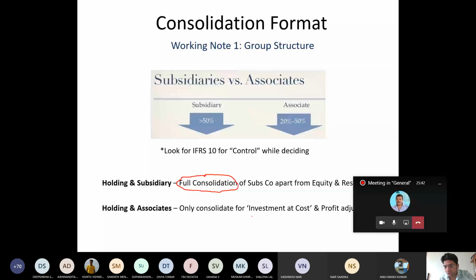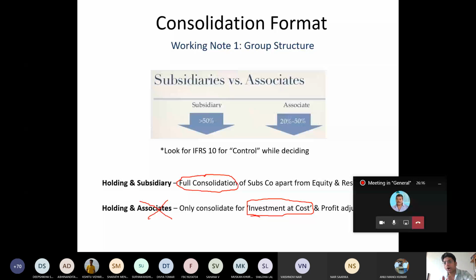For an associate, we will only show how much is the investment in the associate. We will not consolidate the liabilities or the assets of the associate, because we do not have ownership of the associate, we are just investing in it. So the first part is important: find out the group structure.